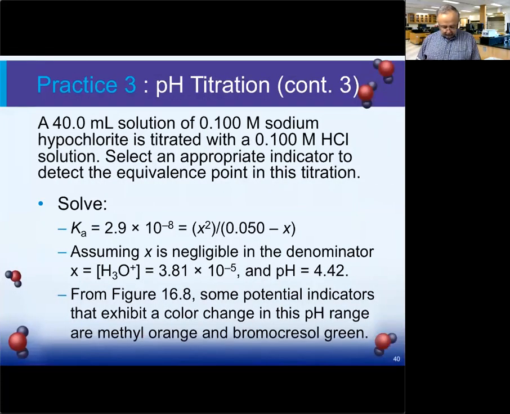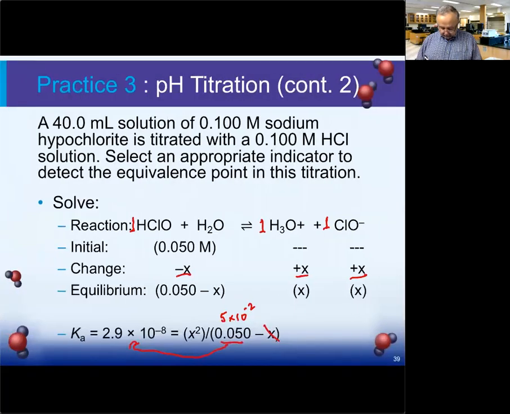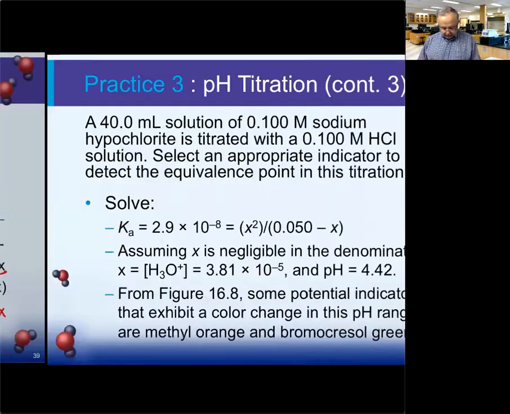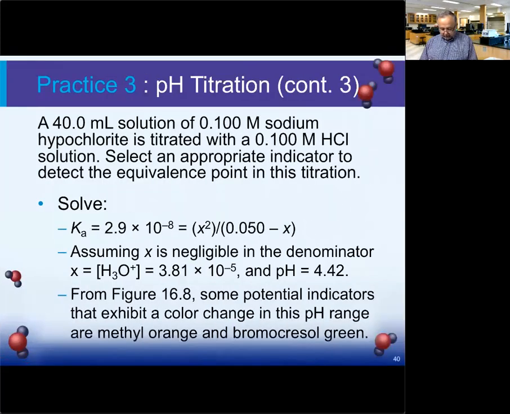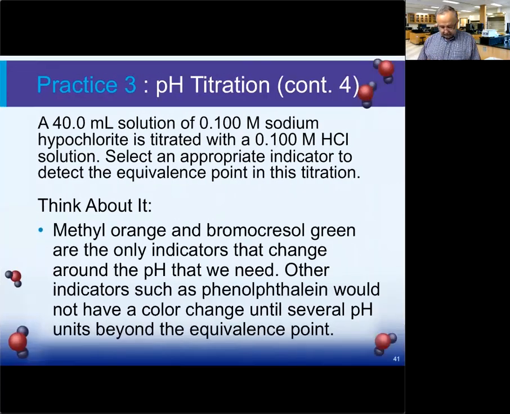Then you get the value of x, and the value of x corresponds to the concentration of hydrogen ions. So if you know the concentration of hydrogen ions, you take minus the logarithm of that, and you can calculate the pH. Okay.